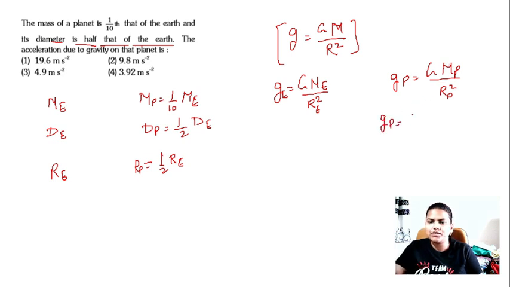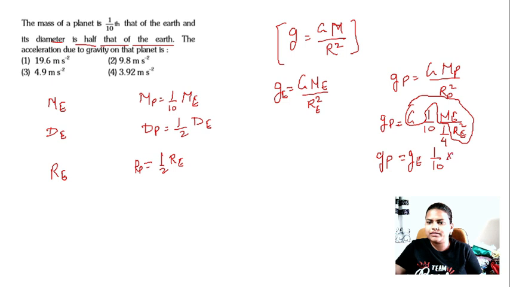So gp is equal to capital G into 1 upon 10 me divided by 1 upon 4 re square. These terms make ge, and we have 1 upon 10 into 4. So the gravitational acceleration of the planet is 4 upon 10 into ge.